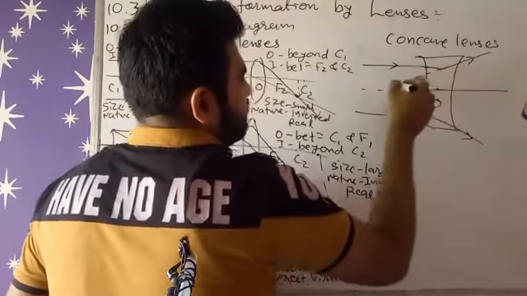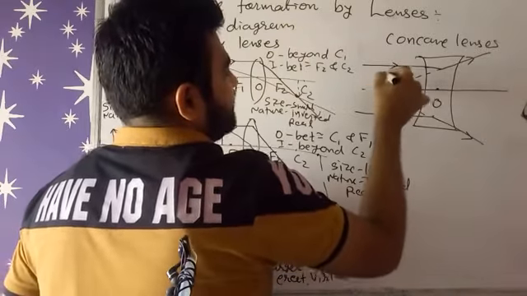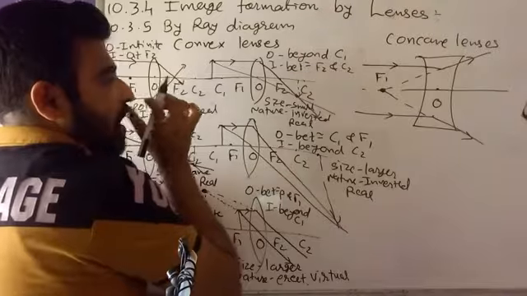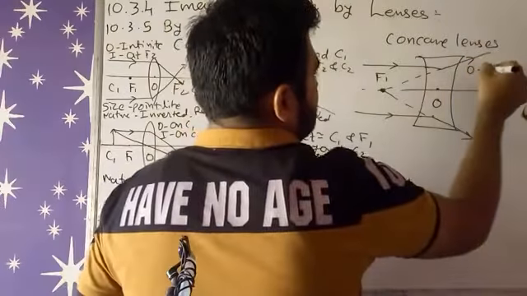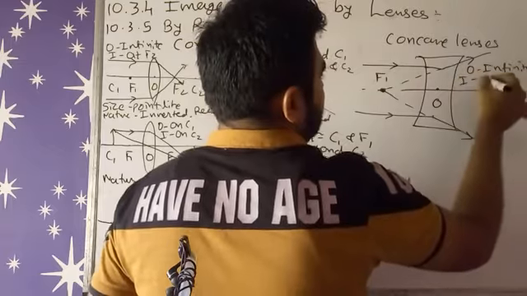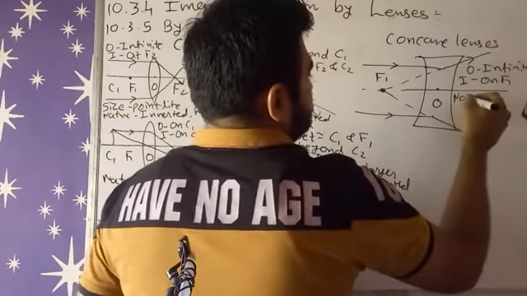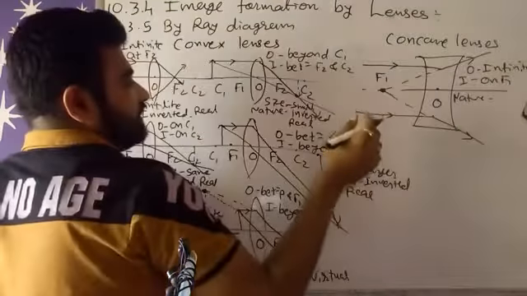But if we draw the lines backward, we get an intersection point here, that is F1. So the object is at infinity and the image is formed at F1.